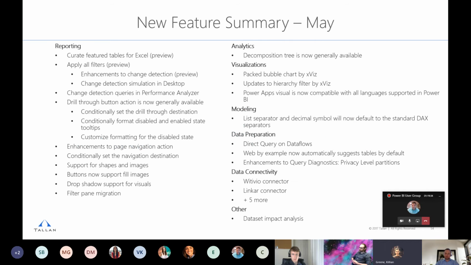First off, we have May here. You can read through this if you'd like, but the big ones I'll be talking about are the apply all filters and the drill through button, which I previously demoed, but now it's generally available. Also some formatting for the buttons and some page navigation options. I think that's it for May.